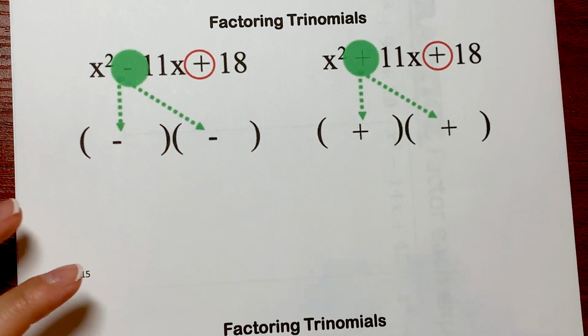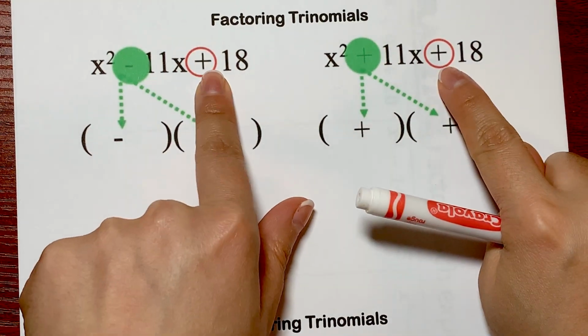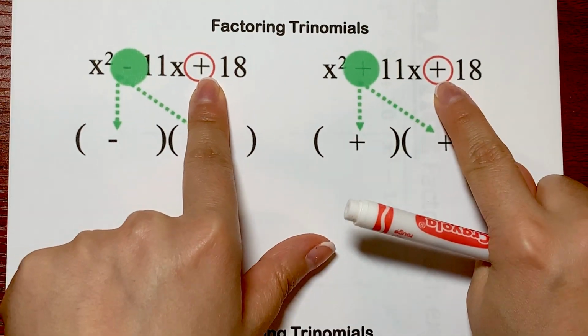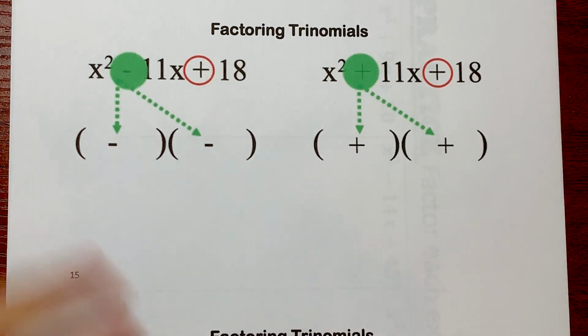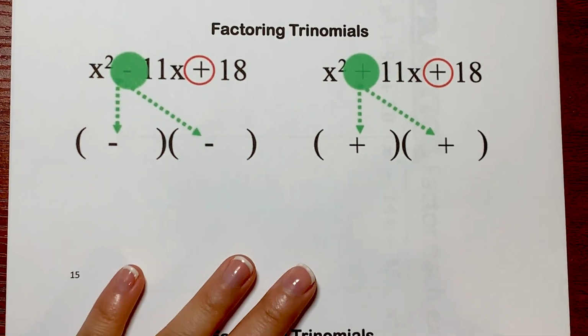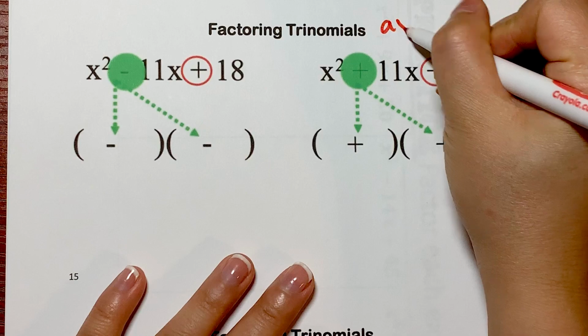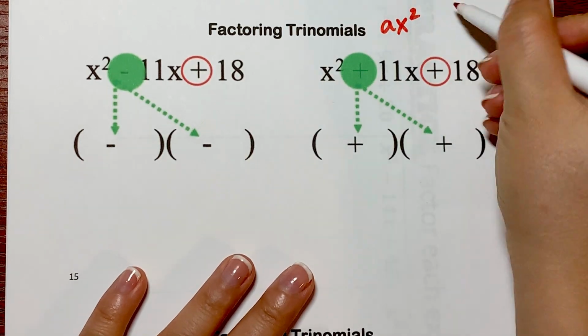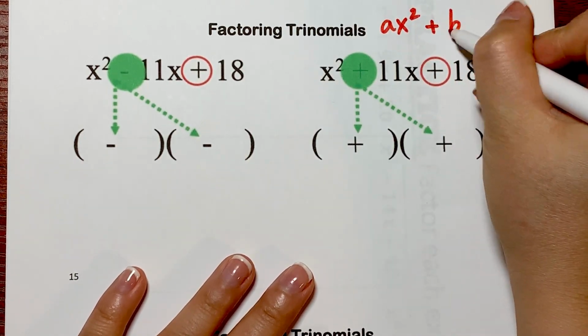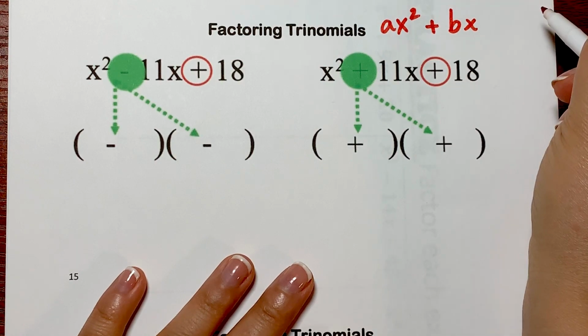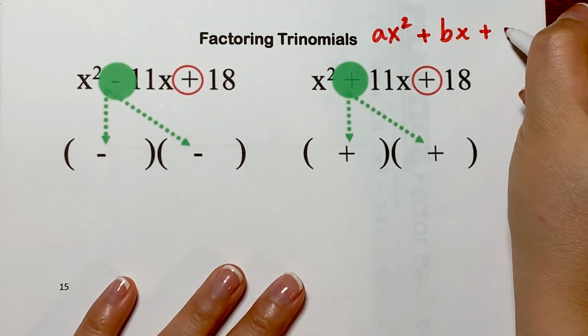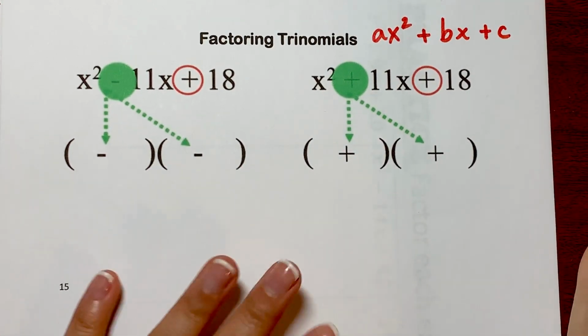First is called n, if the n is a plus. Okay, so when we're talking about trinomials, notice the x squared term always comes first. And then the second is going to be your x, and then the constant with no x.